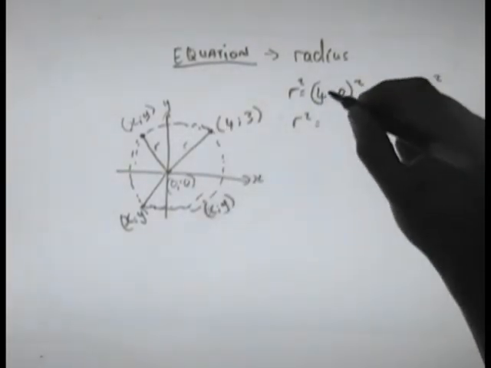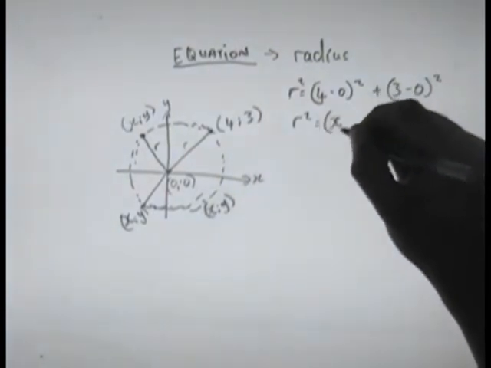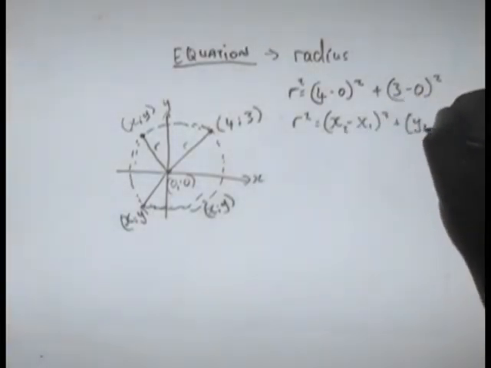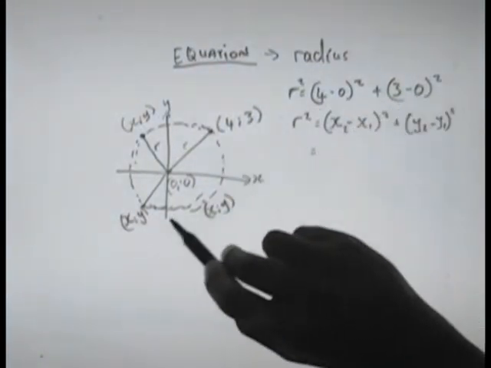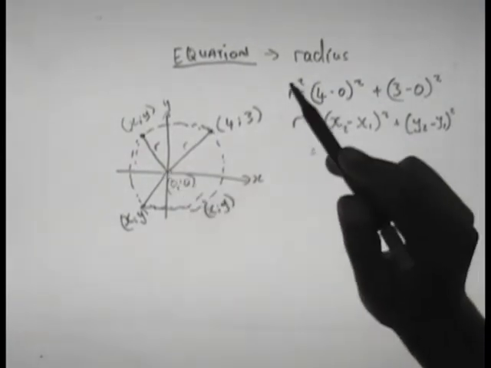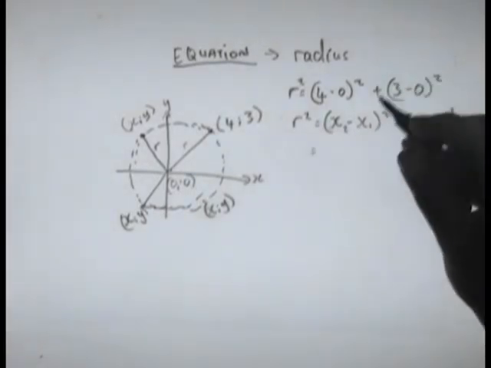So instead of saying 4 minus 0, I'm going to say x2 minus x1 squared plus y2 minus y1 squared. But notice something, that at no point in time does the center change. It's always the coordinates 0 and 0.